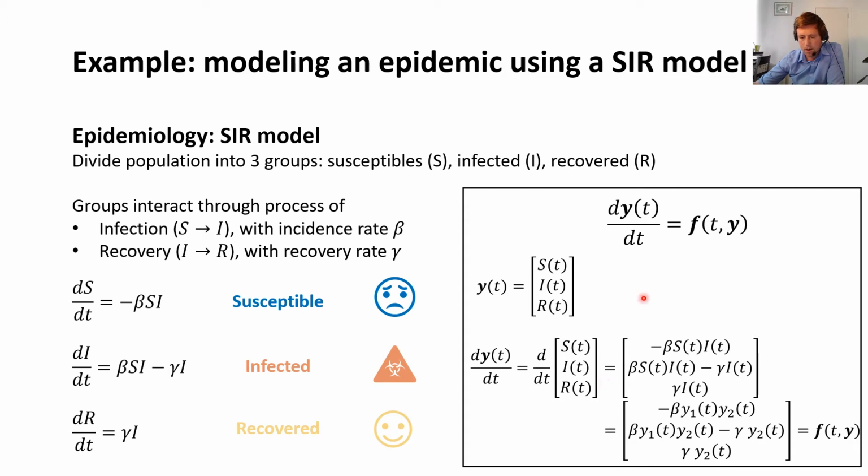So here we have written out this system of three first-order equations as one vector equation that we can easily solve using any of the methods that we've seen so far. And in the next slide, I will give a brief demo on how to implement such a system in MATLAB.